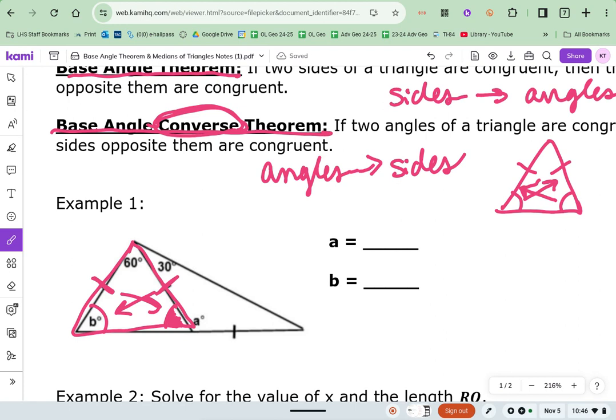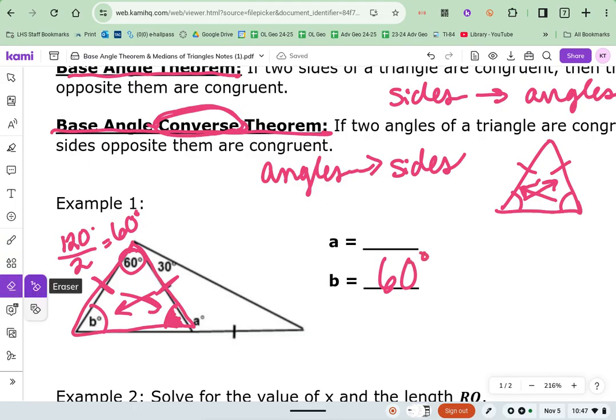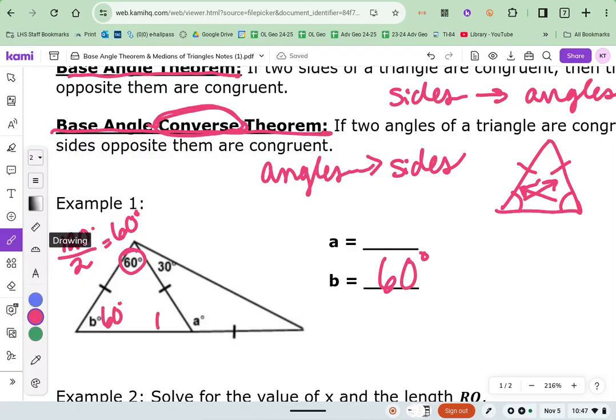All triangles have 180 degrees. We've already used 60, so how many do we have left for that same triangle? 120. So we have 120 degrees left for that triangle, and two angles are going to split it equally. So 60 degrees. So B is 60 degrees. So we've got 60 here and 60 here.